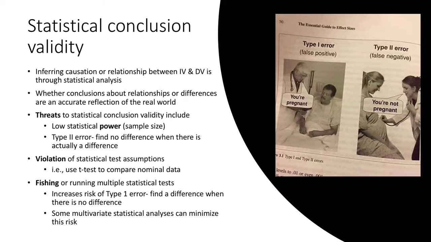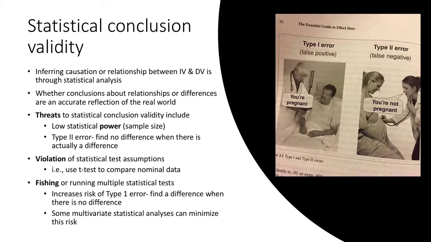The other thing that is a threat to statistical conclusion validity is where there may be a violation of what we call statistical test assumptions. All of the statistical tests that we'll talk about in later weeks have certain underlying assumptions about the data being analyzed. Not only the type of data you use, but there are also additional requirements that investigators or data analysts have to consider to make sure they can appropriately use that statistical test.